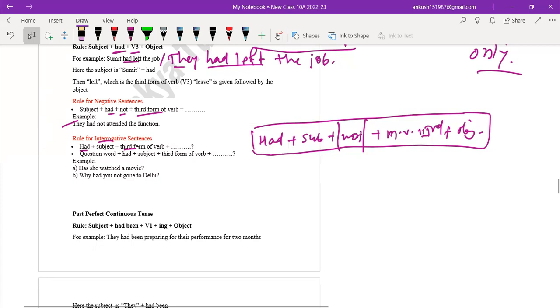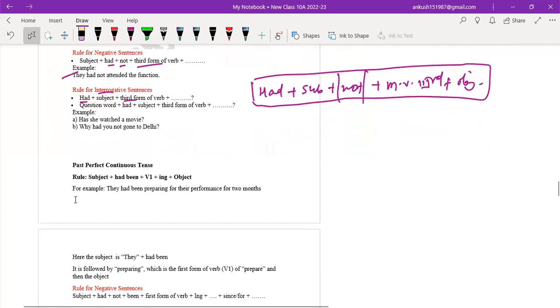Understood? Yes, sir. So behind learning anything, there is a reason why do we learn that thing and what is the logic behind it. Got it? As you might have heard these things in your science class most of the times.